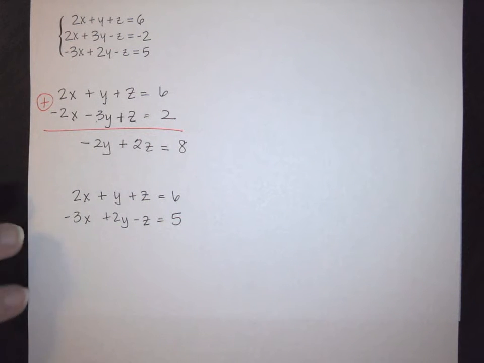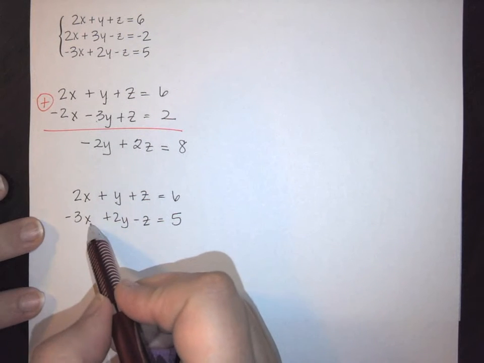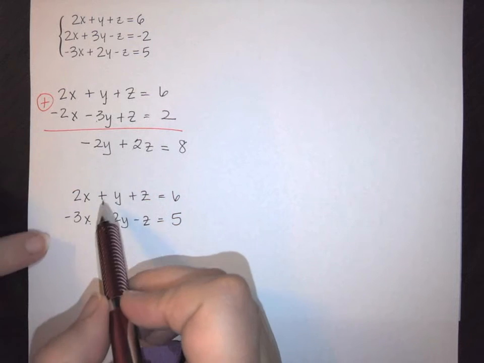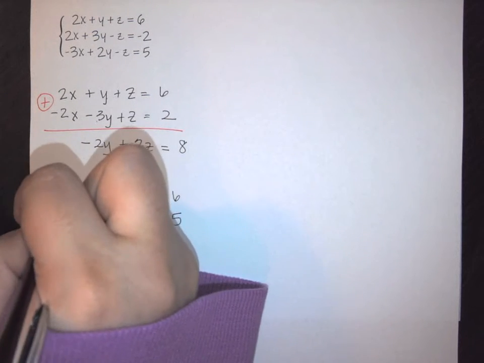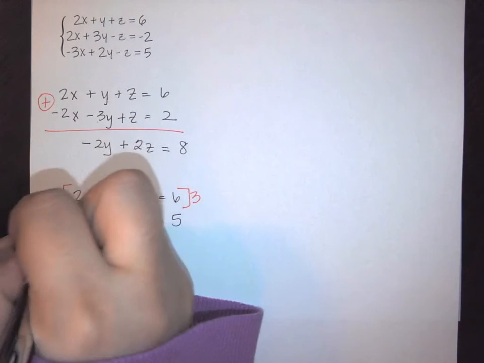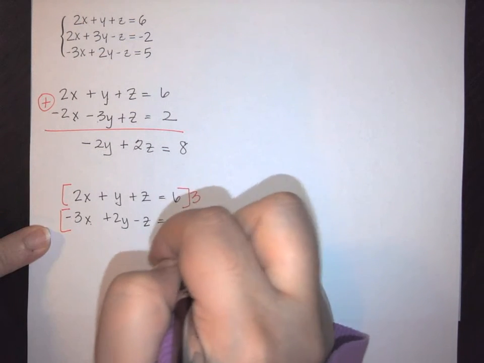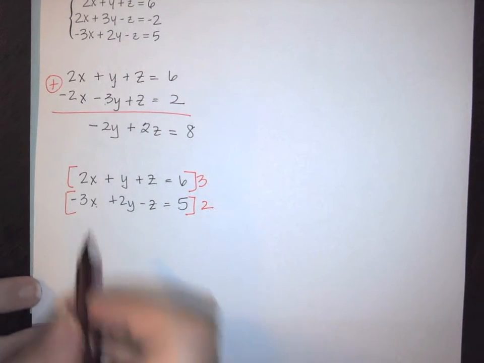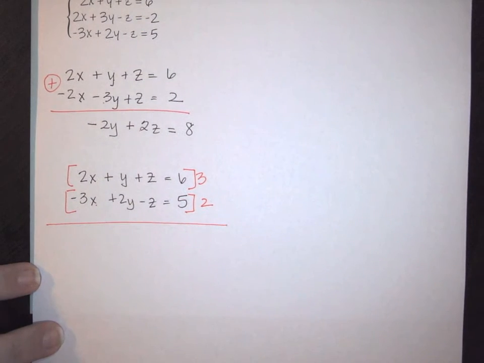Now with both of these, I want to cancel my x's because that's what I did in the first one. So here I'm going to have to multiply this top equation by 3, and I'm going to have to multiply the bottom equation by 2. Okay, so I need to go ahead and do that first.